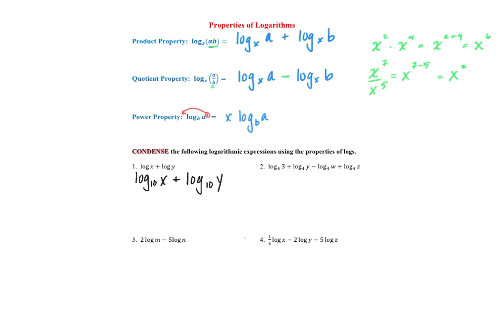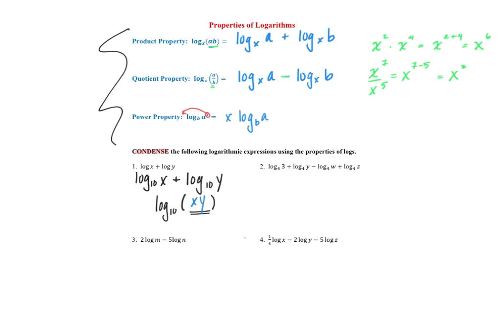So I want to write this as log base 10, and I'm going to build up this argument. When I follow these properties up here, if I am adding two logs, working backwards to build up this argument, that is the same thing as writing x and y as a product.